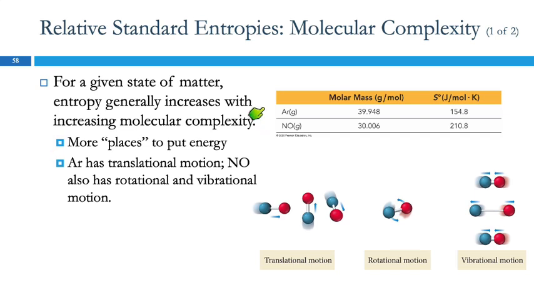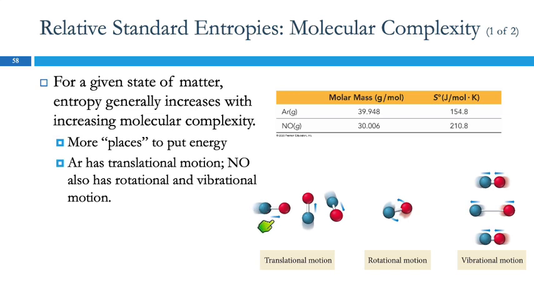So if we compare argon and nitrogen monoxide, both of them in the gas state, their molar masses are pretty similar, so we're not going to attribute this difference to a difference in molar mass. It's because the NO molecule is more complicated. So that argon atom has translational motion. It moves through space.